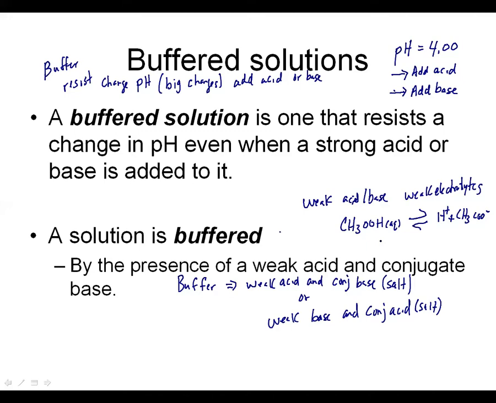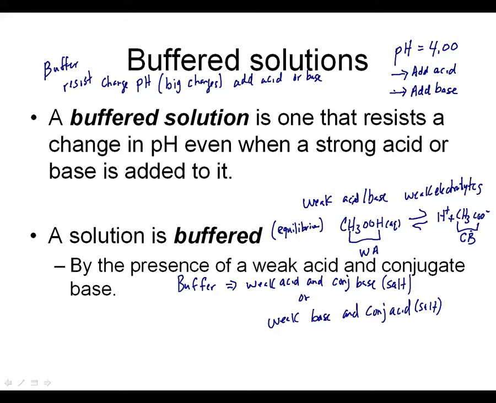And what that means is, in the solution, if you had acetic acid, which is a weak acid, it will set up this equilibrium and mean that in this solution, you will have this guy present, and you will also have this guy present. And this is our weak acid, and this is its conjugate base. And because both of those things are in the solution to begin with, they're able to basically take care of any acid or base that you put into that solution.